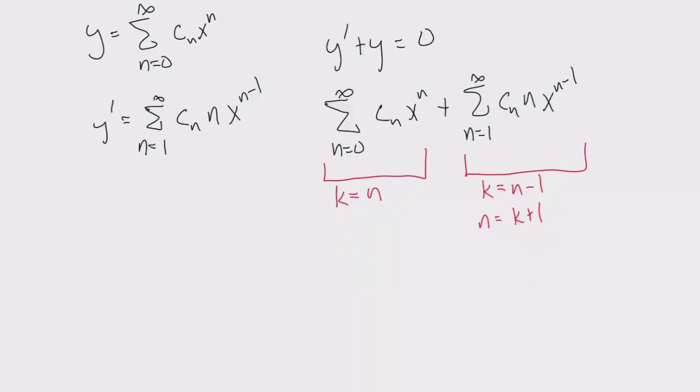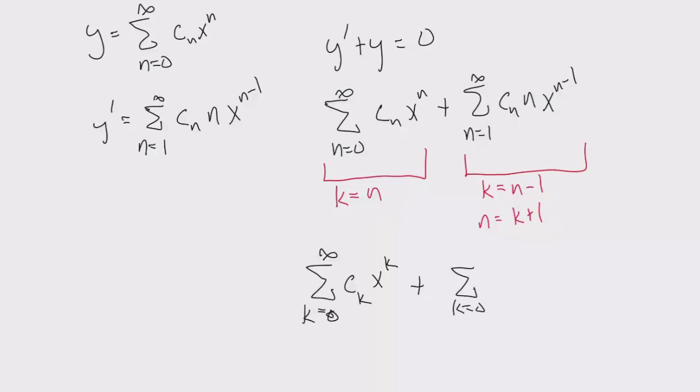So that would be the summation of k equals 0 to infinity of c sub k x to the k. And then this other one would be the summation, let's see, if I put n equals 1 I get k equals 0, so that's good.